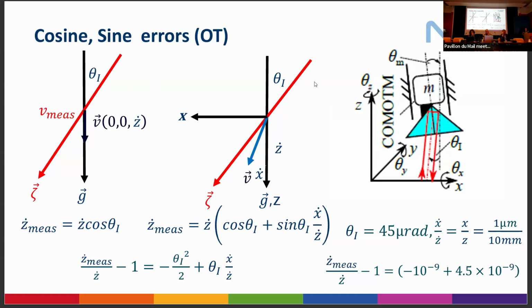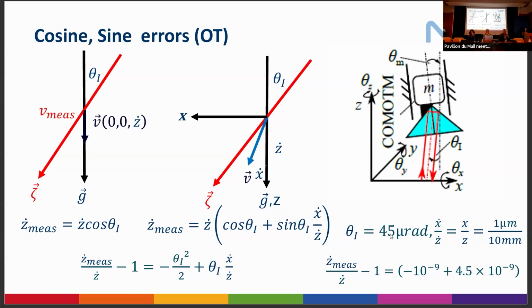But if your optical target also has horizontal motion, you also have a sine error in addition to the cosine error. And that error depends on how misaligned your laser beam is and how much motion your optical target has.